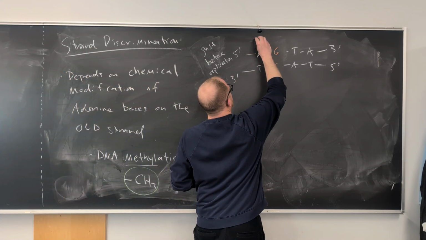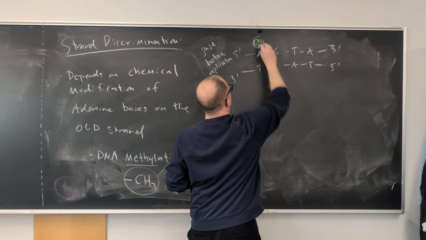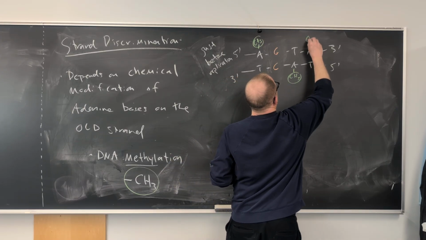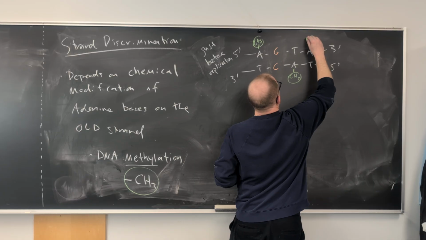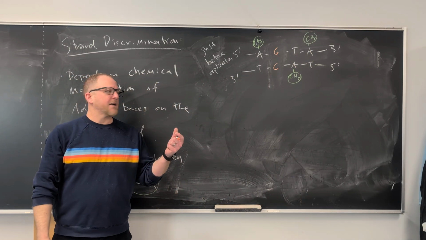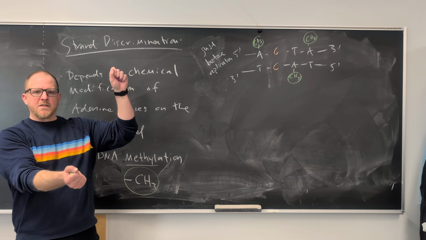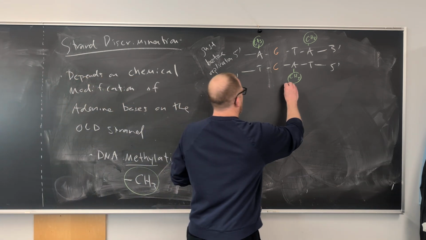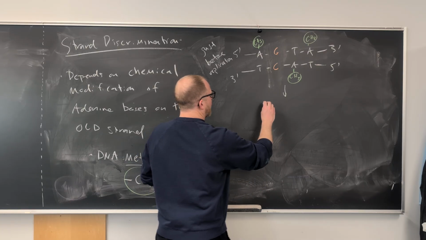So I'm just going to put the CH3 there, the CH3 there, and the CH3 right there. So this, in effect, is the way that the old strand can be distinguished from the new strand after replication. So then let's say DNA replication occurs.